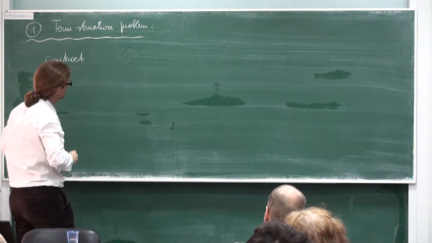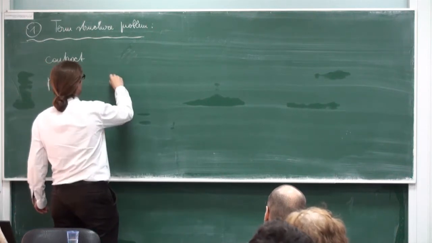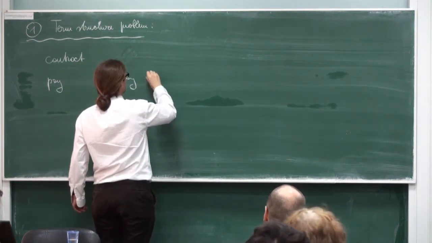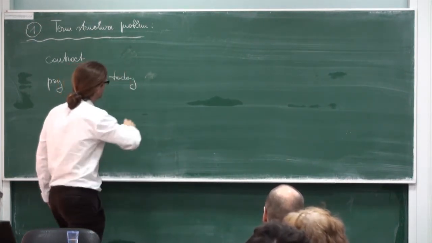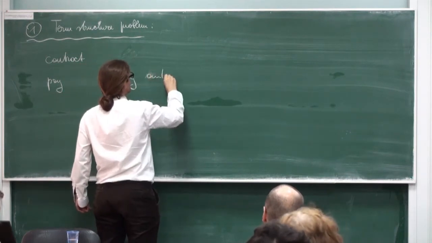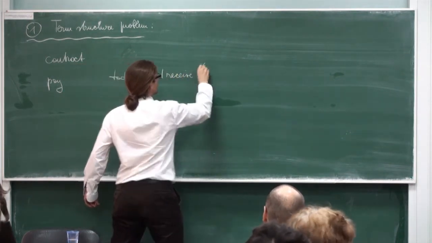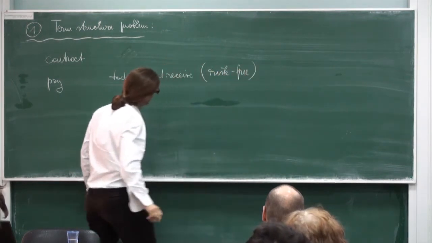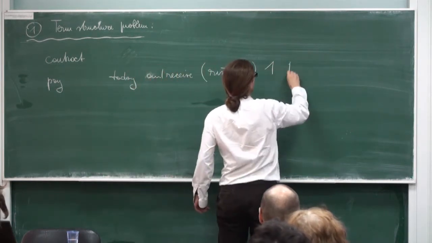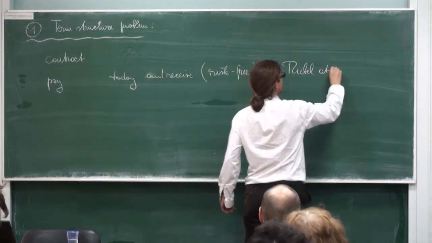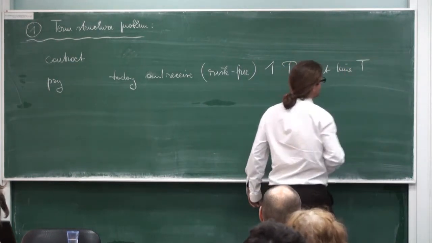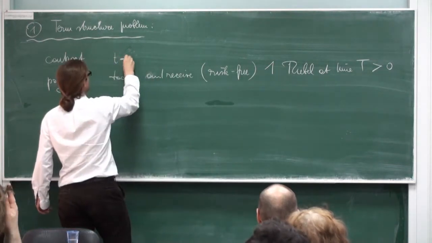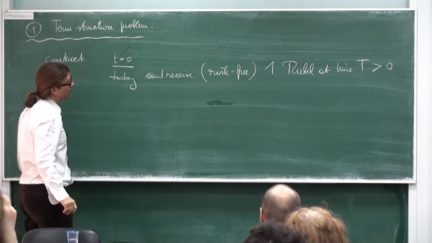I don't give a sign for it. I will introduce a notation later. Today, this is the premium, the price of the contract, and you receive, I say risk-free, so there's no default risk, 1 ruble at time capital T. This is somewhere in the future, and let's say today corresponds to little t equal to 0.